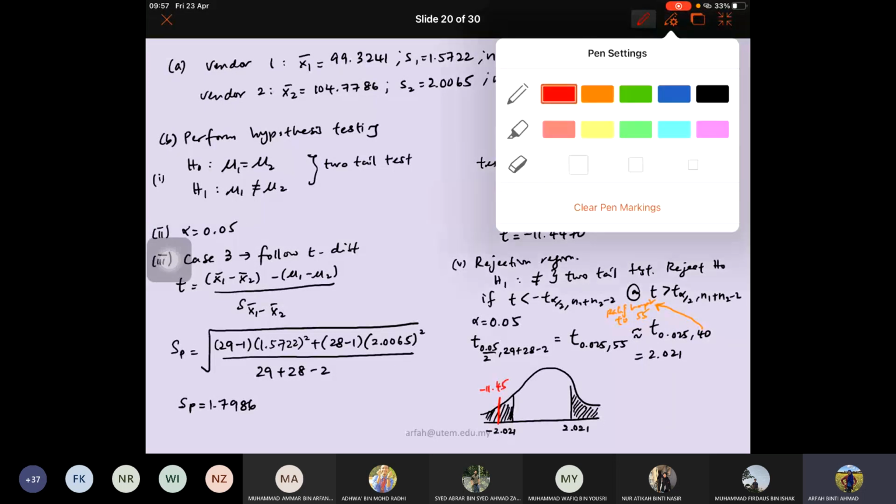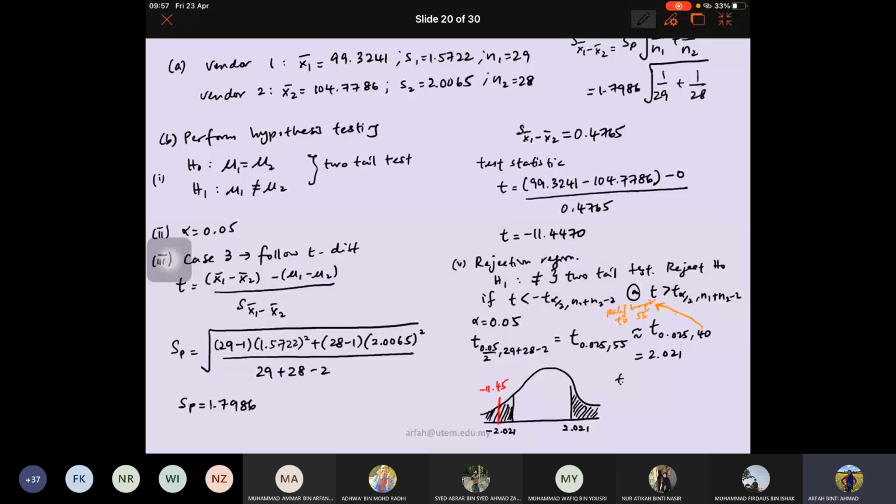Okay. The test statistic negative 11.45 falls in the rejection region. Okay. So reject H null. Your conclusion will be based on H1.